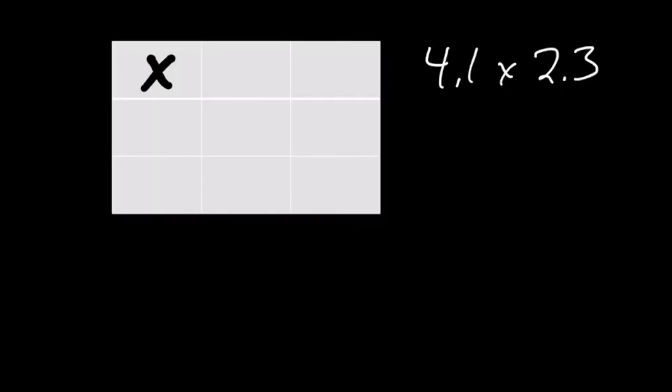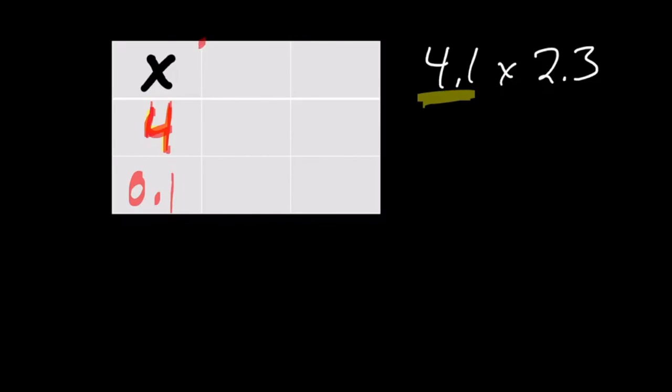But I'm going to show you another way that you can do this. And this should look very similar to the multiplication charts that you used as a kid. So what I'm going to do is take 4 and put it here. I'm going to use a different color, easier to see. Okay, I have my 4 and then I have my 1/10.